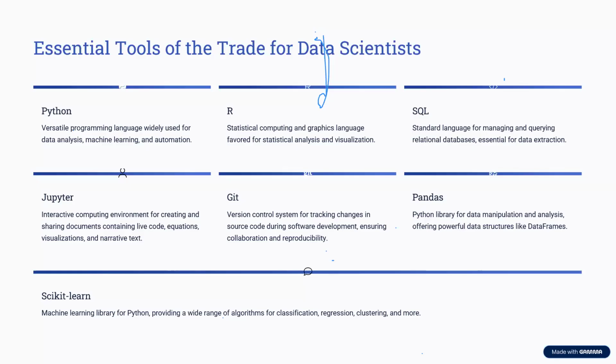But I can say with a certain amount of certainty that you'll be able to use Python to do almost all the data analysis or data science stuff that we want to do. But it's best if you know R as well. It gives you the edge over other applicants. Okay, thank you very much.